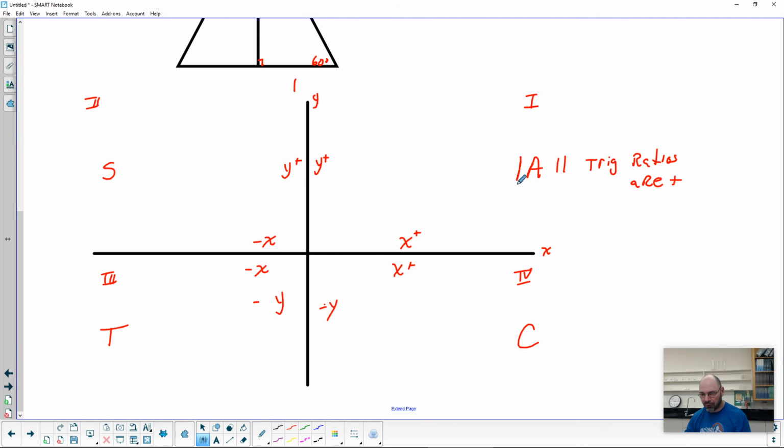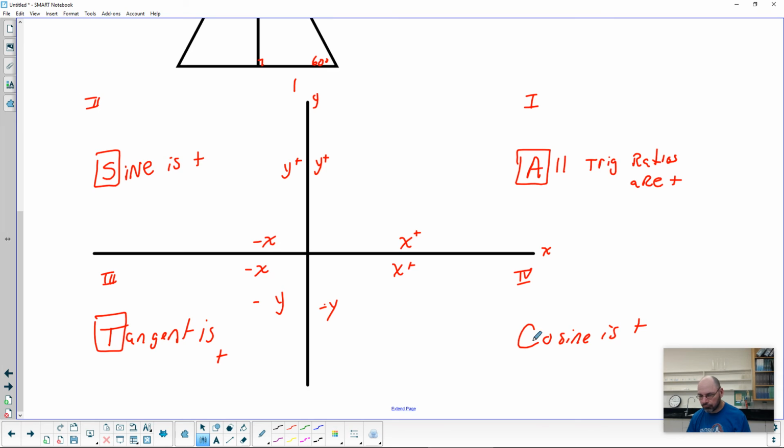So all are positive here. Here it's just sine that's positive. Here tangent is positive. And here, of course, cosine is positive. Otherwise, the other two are negative in each quadrant. And we'll use that a little bit as we go.